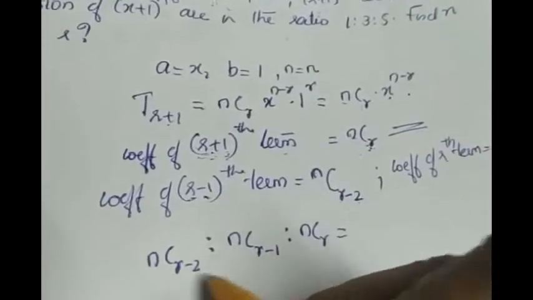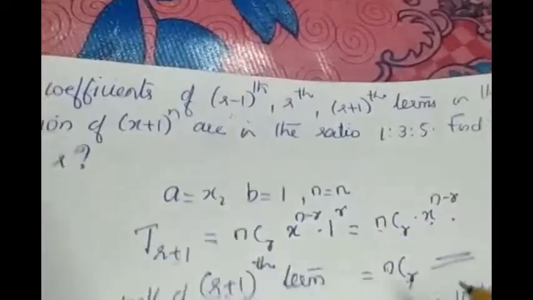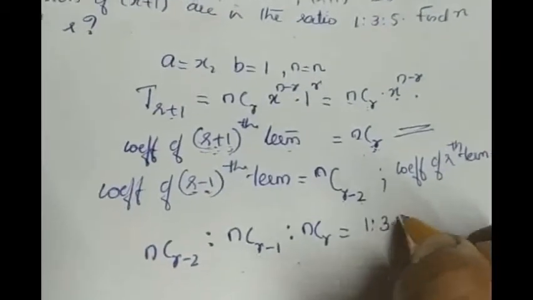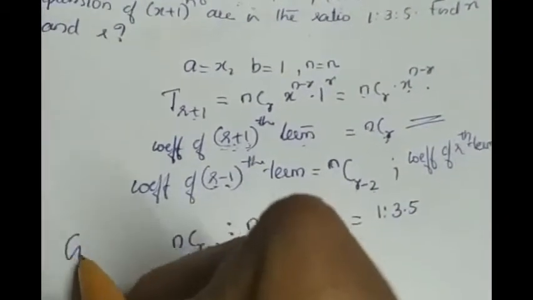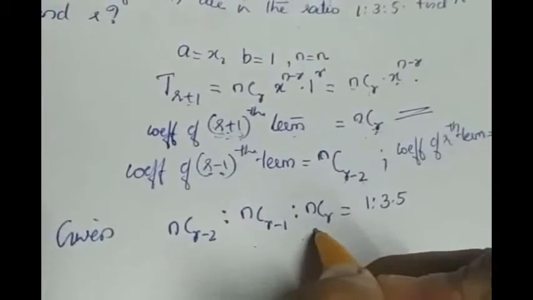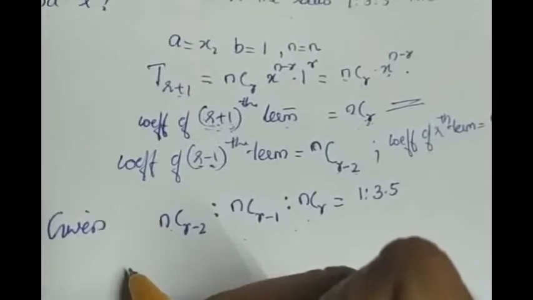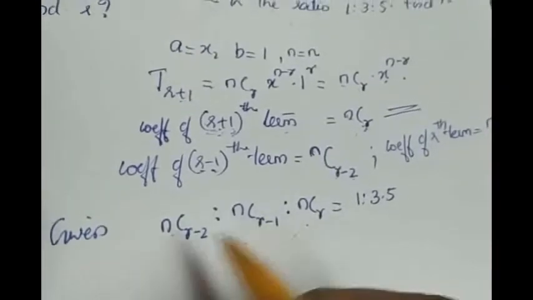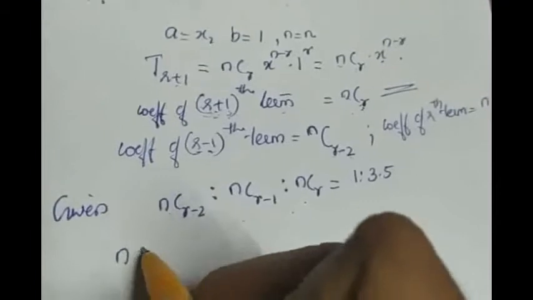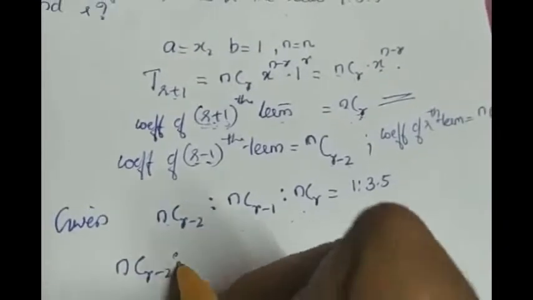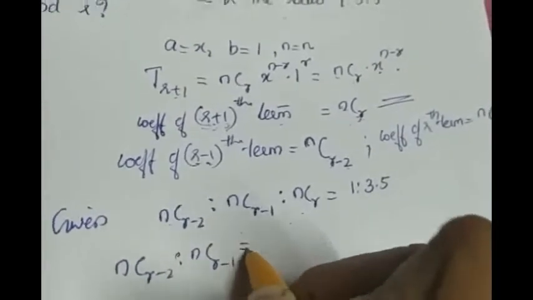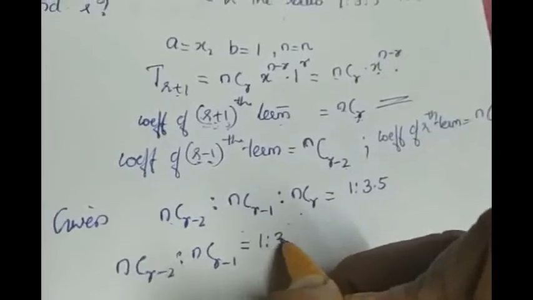The ratio of the coefficients of these three terms is given as 1:3:5. This is what is given in the question. By using this, we have to find the value of n and r. So what we are going to do is take the ratio two at a time, a pair each. So nC(r-2) : nC(r-1) will be equal to 1:3.